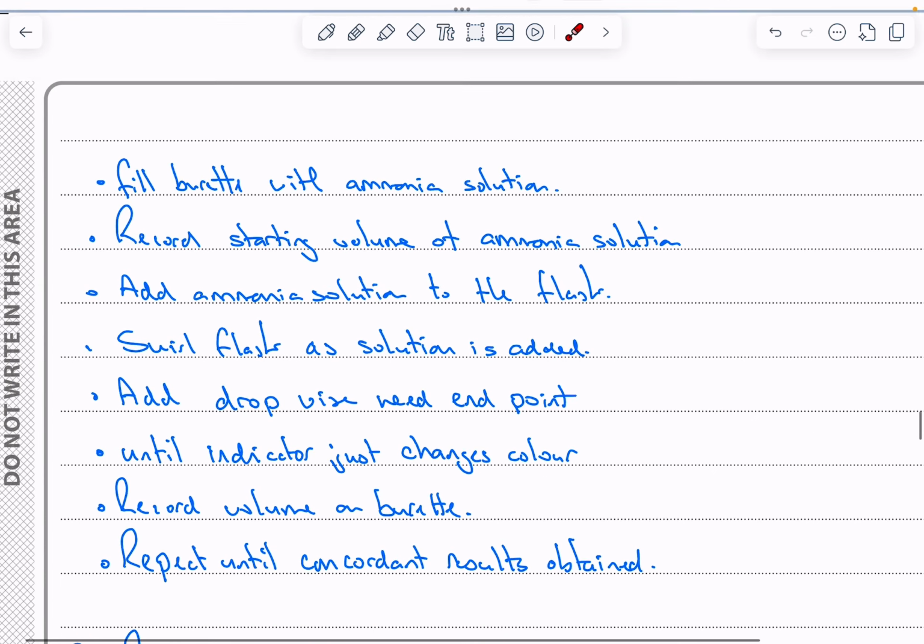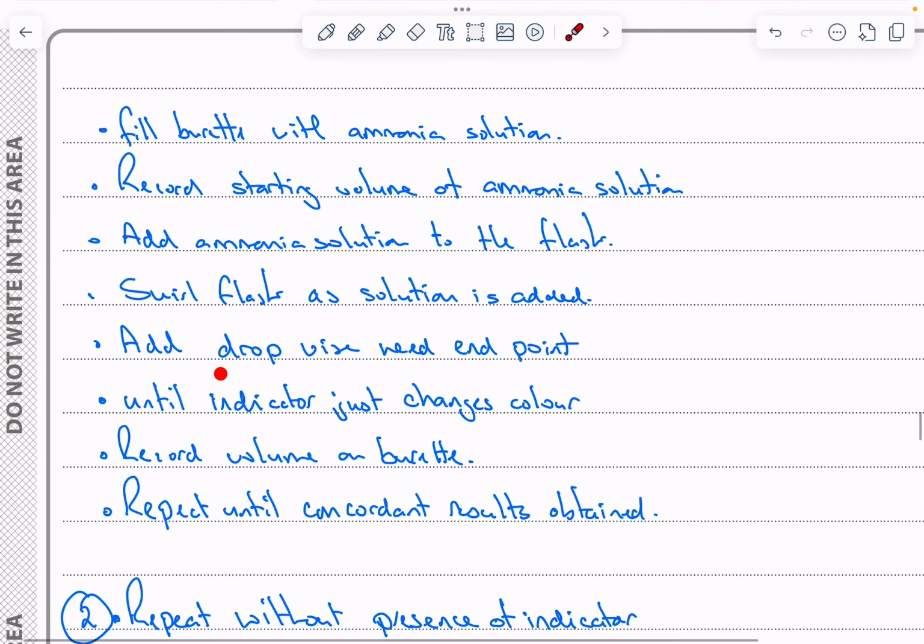Near the end of the reaction, as you'll see it start changing color, we do it drop-wise. We'll do 1 drop at a time, give it a swirl, and look to see if there's a color change, until 1 drop of the chemical causes the indicator to change color. Once we've got that final color change, we record the volume reading on the burette.